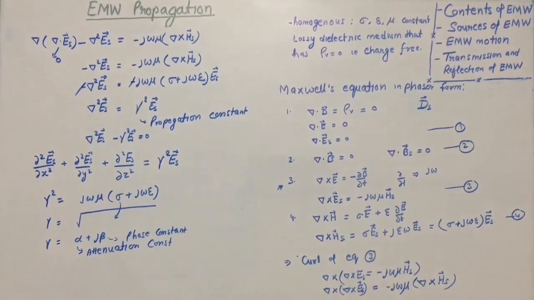Okay, so in this way we have gamma and we have this equation. Now let us stop at this point. We will continue from this point tomorrow. Thank you.